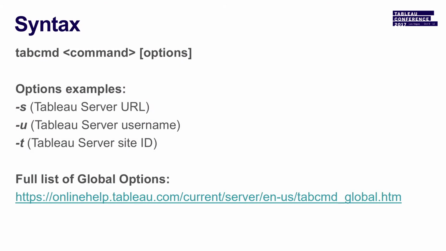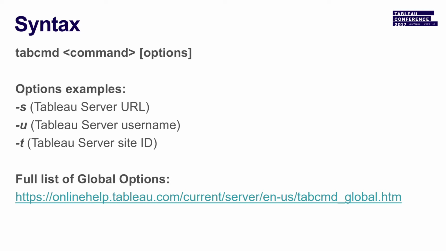So as you could probably already see, the Tabcmd syntax is quite simple. We start any command with Tabcmd, so calling the Tabcmd tool. Then we type the actual command. So for example, I use Tabcmd login. And then each command usually comes with a set of options.